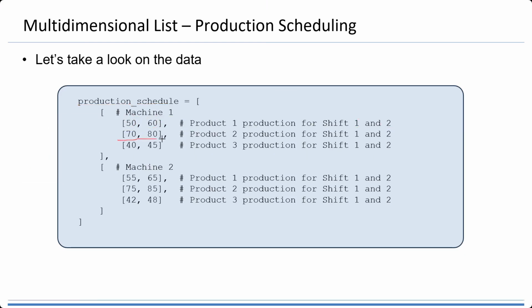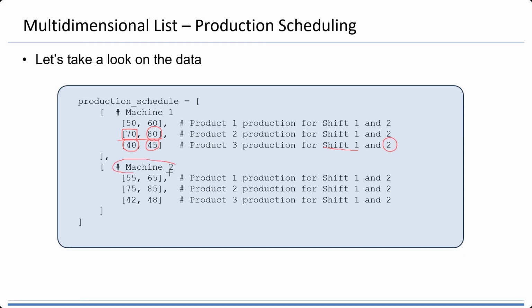This is product 2. The schedule will be, for shift 1, you need to produce 70. On shift 2, or in the evening, you need to produce 80. This is the schedule for product 3 in shift 1, and this is the plan for the production on shift 2.